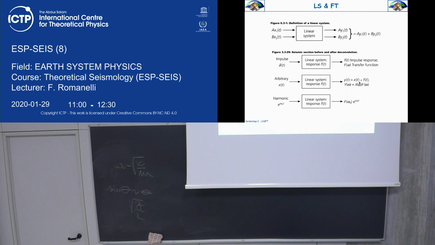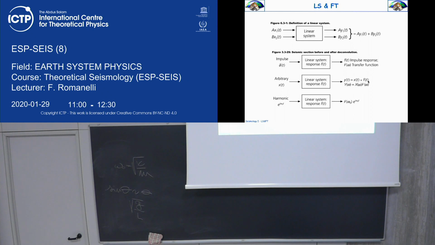Okay, the key point is what is called the convolution theorem. You can prove it just by writing the convolution property by definition. You take the Fourier transform, you change the variables once, and you will see that the Fourier transform of y of t is the product of the Fourier transforms of the two factors that are in the time domain.